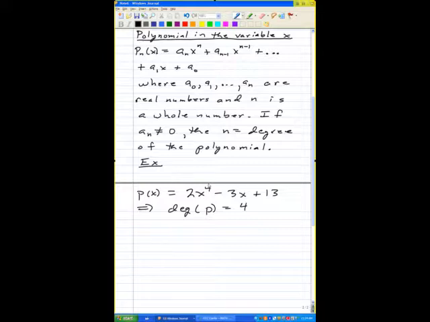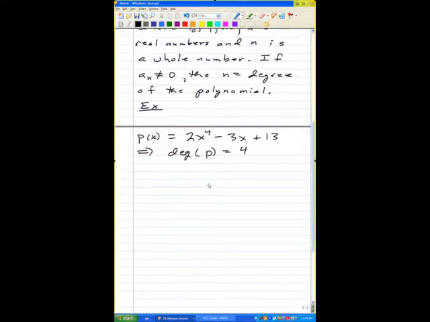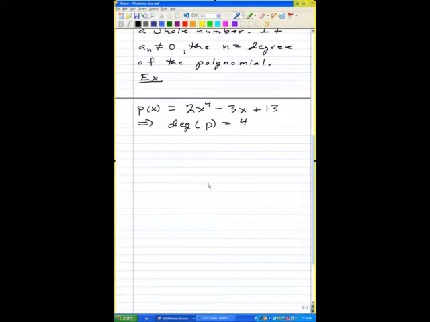So in general, the degree of a term, let's say if I had 14x cubed y squared.